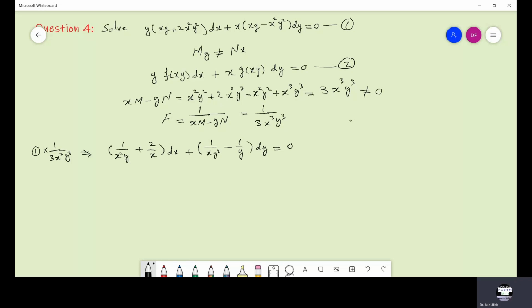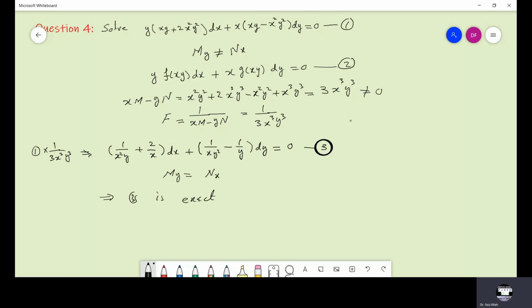And now you can easily confirm that if you differentiate m, the coefficient of dx, with respect to y, and n, the coefficient of dy, with respect to x, they must be equal. So we can say that equation number 3 is exact.